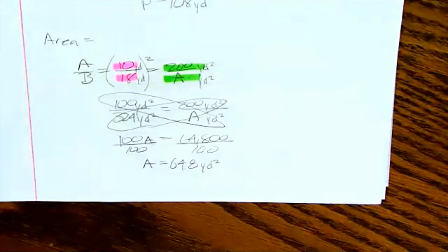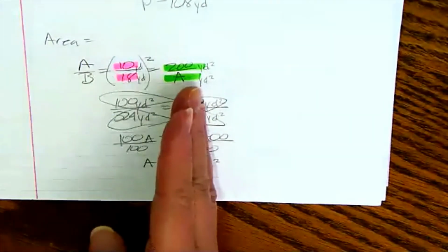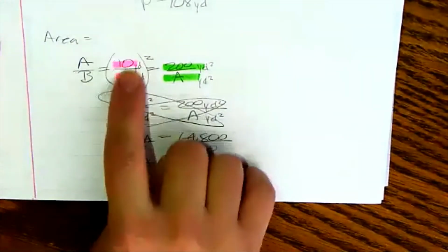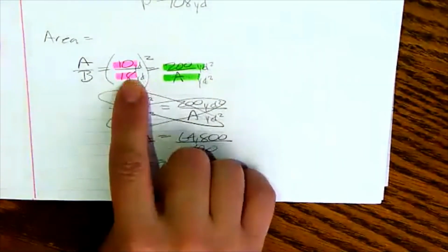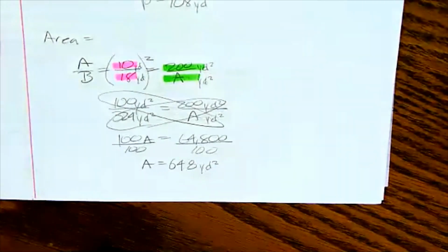It's two-dimensional. We cannot compare one-dimensional things with two-dimensional things. So we need to even them out. We need to make them the same. So to do that, we're going to square our linear measurements, our linear dimensions.